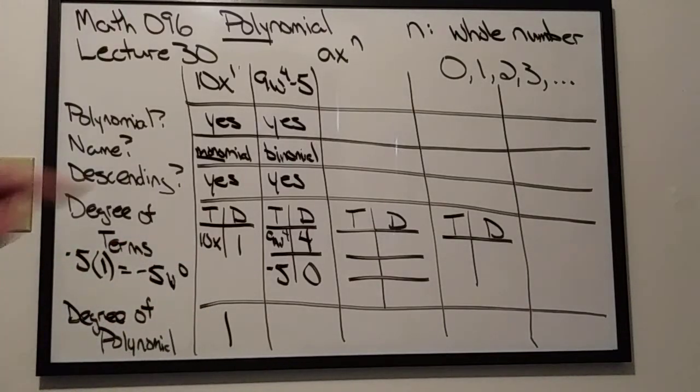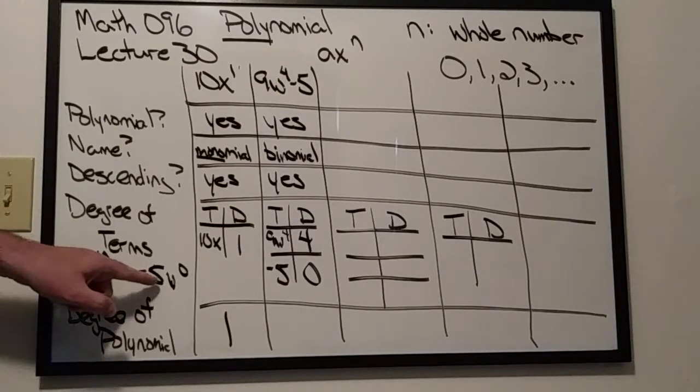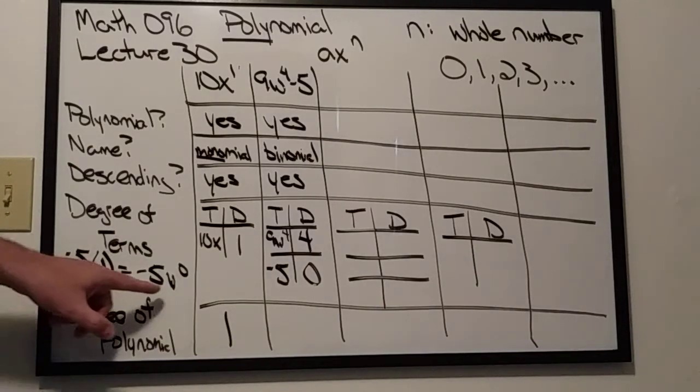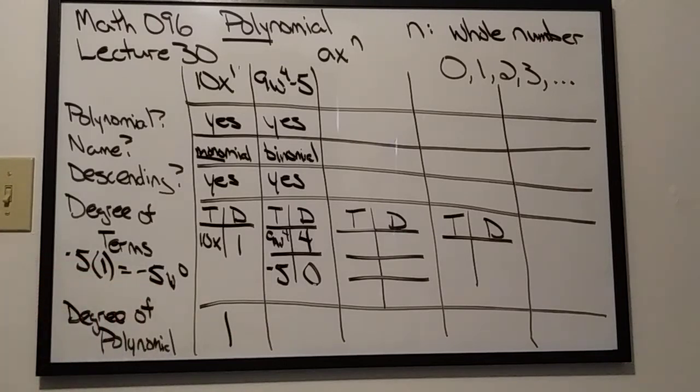So when I look at this 9w to the 4th minus 5, that negative 5 is really negative 5w to the 0 power. And once I realize that's equivalent, I can see that the power of the variable is going to be 0. That's the more precise mathematical way of thinking about it, that our degree is going to be 0.